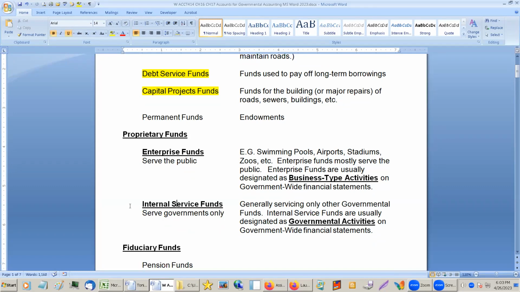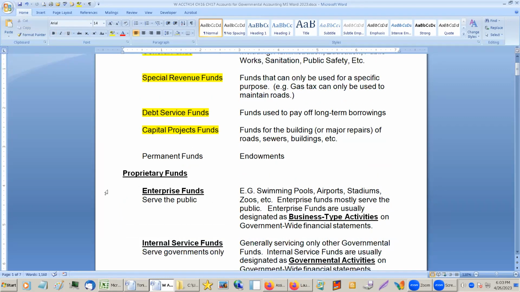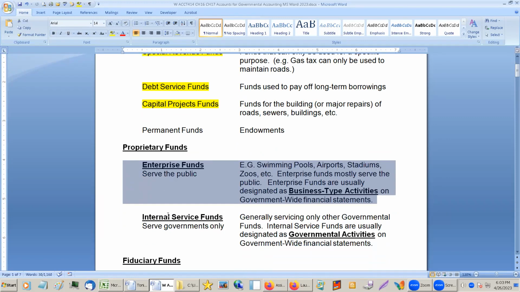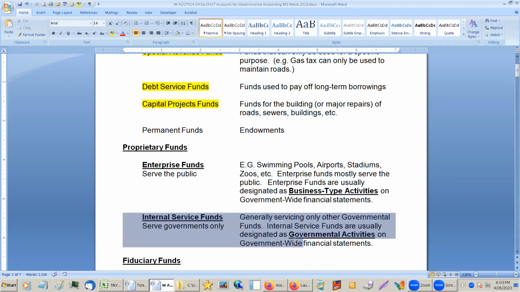All right, so internal service funds are generally considered part of the governmental activities, whereas the enterprise funds are the business type activities, but these only serve government agencies. For instance, let's say they have a garage that you take all the police cars, all the fire trucks, all the street and sanitation trucks, buses, they all get serviced at the same internal service, the municipal garage for whatever city it is.